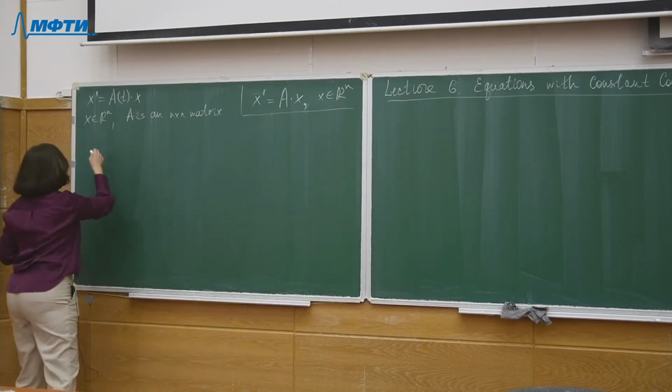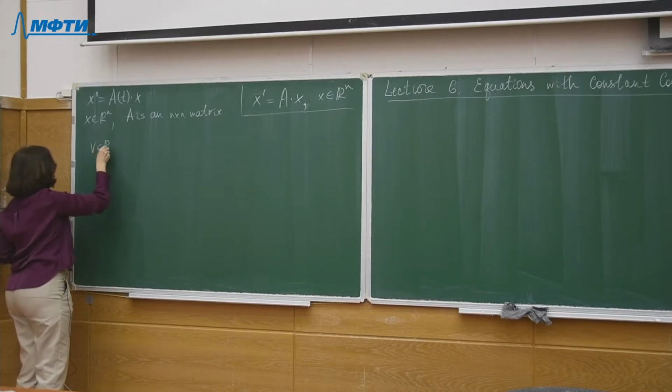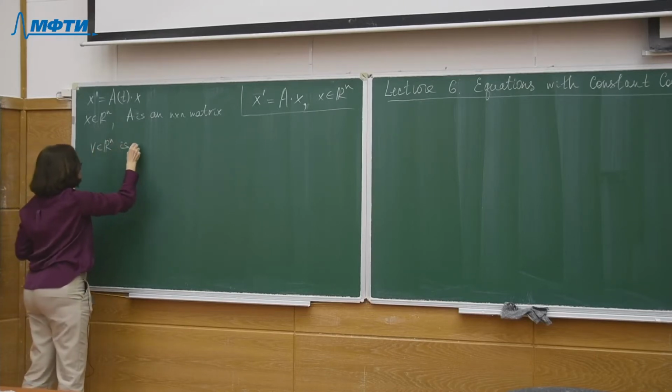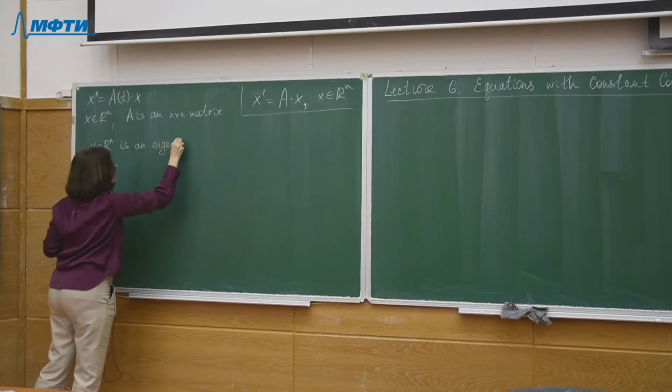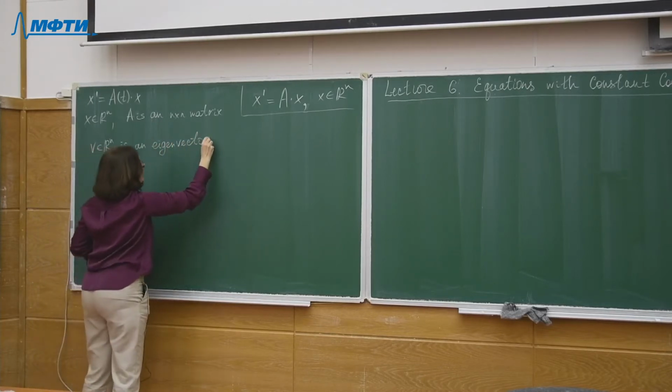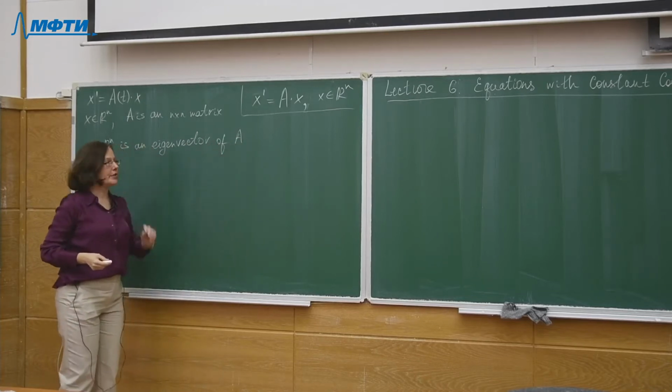So V is an eigenvector of an n by n matrix. It should be a square matrix.